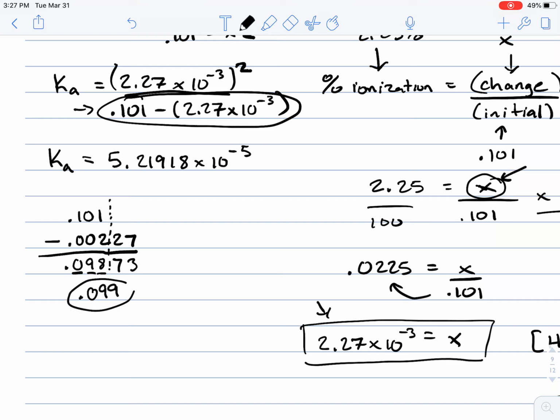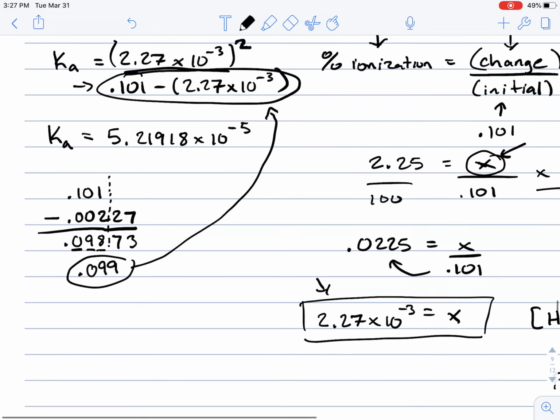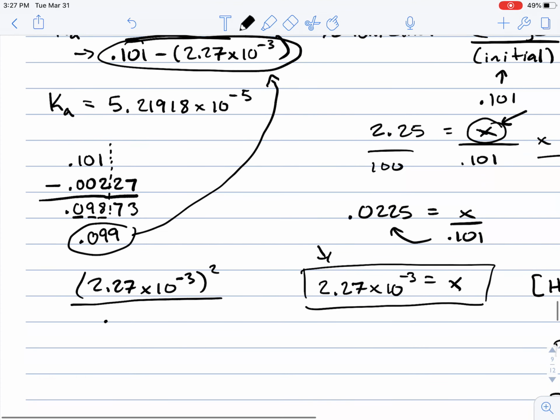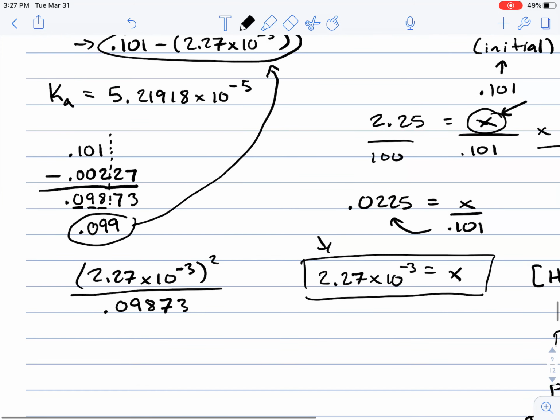And this value is what's going to go inside our denominator. So what we get is 2.27 times 10 to the negative 3 squared over 0.09873. And I'm just going to put a mark above the 8, letting me know that that's how many significant figures I'm supposed to keep for that value.